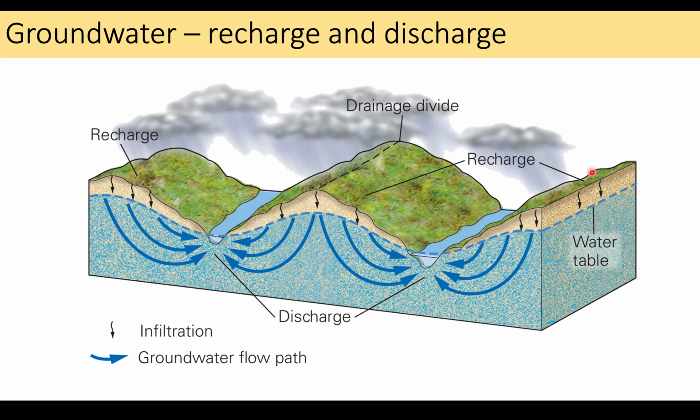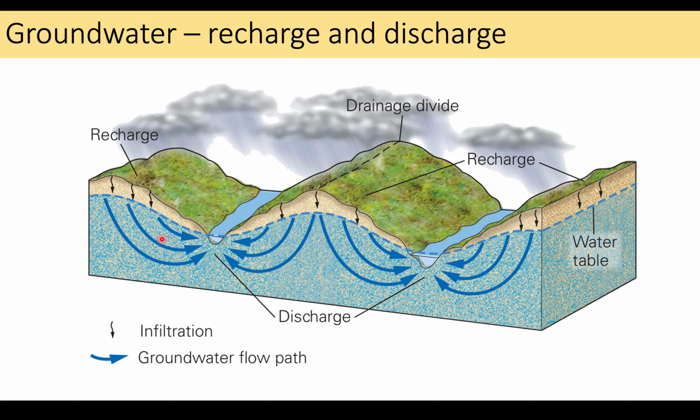So here's another figure of that. Here we have recharge where it's raining, where our water table is below the surface of the earth. So it's raining and that water is going to infiltrate downward. Well, not all of it. Some of the water will infiltrate downward into our water table. That water is then able to move because this is a nice aquifer layer here, high porosity, high permeability, shown by the blue in the cartoon.